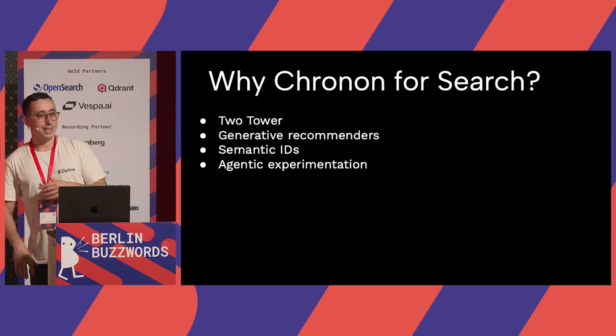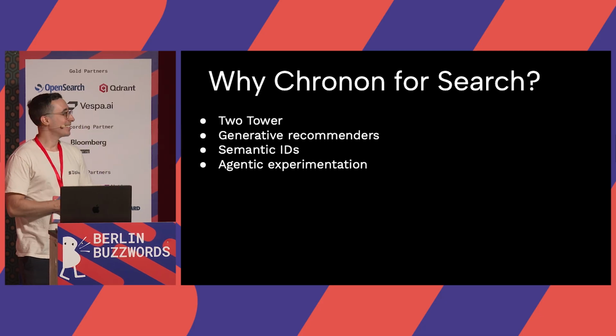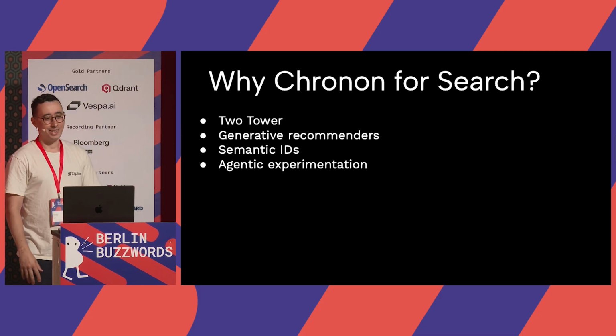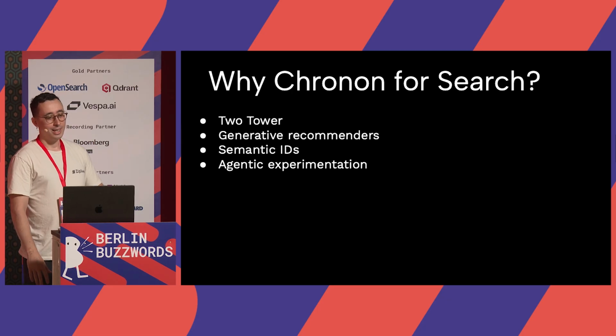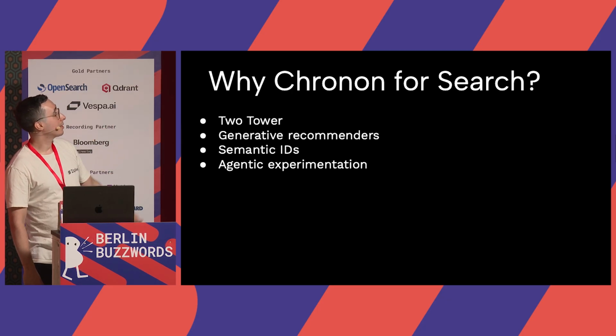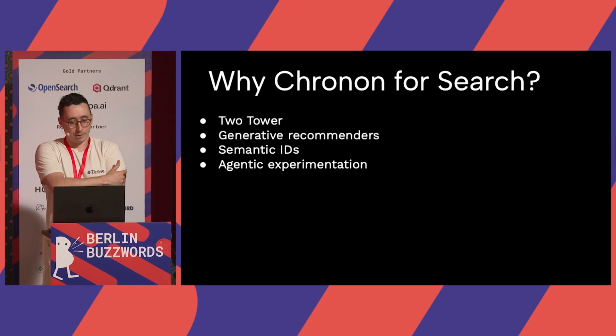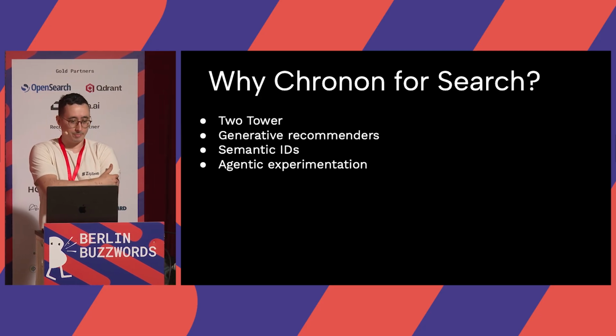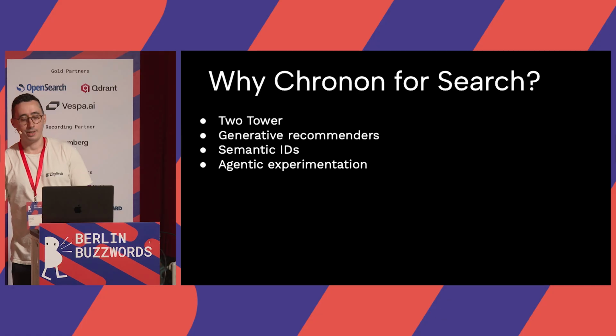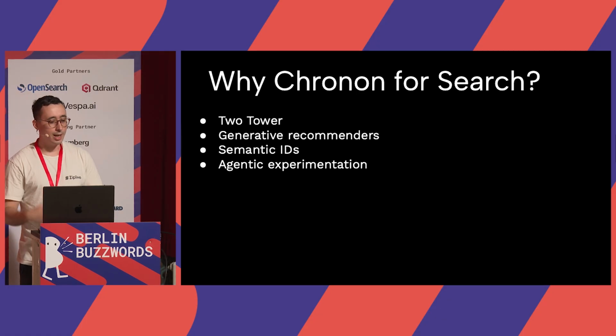Beyond that, search is always the use case in most companies that brings the most interesting requirements as well. And I'm going to talk a bit more about these architectures throughout the rest of the talk. Things like two-tower search involve complex pipelines, chaining features and embeddings, and combining them.